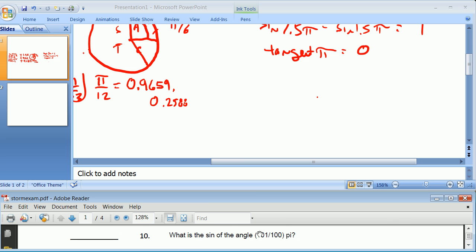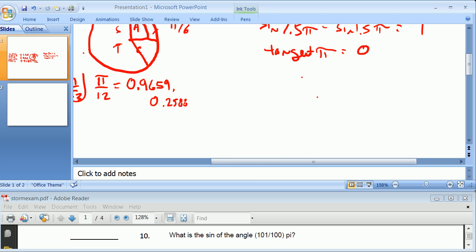The sine of the angle 101 over 100 pi, you have to break that down into quadrant and then the angle. The angle is 1/100th pi. It is in the third quadrant. And so in the third quadrant, all seniors take chemistry, it would be a negative value.